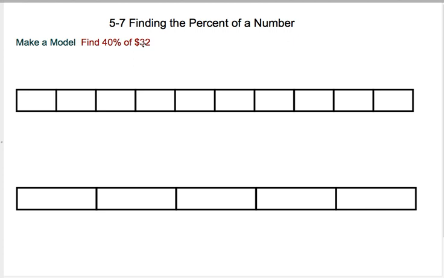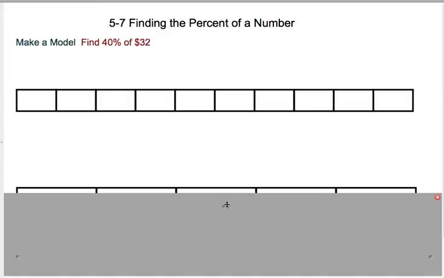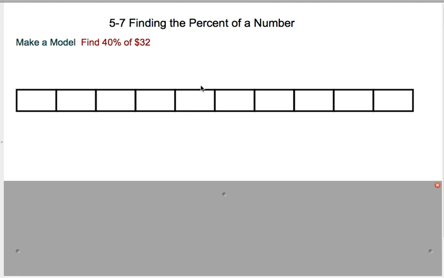Now, one way we can do this is to make a model. So I've made two different models, so let's just cover up one of these for a moment. Alright, so we're going to talk about this model here. So let's picture this long rectangle representing the whole price of this thing, $32. So I'm going to write that in here.